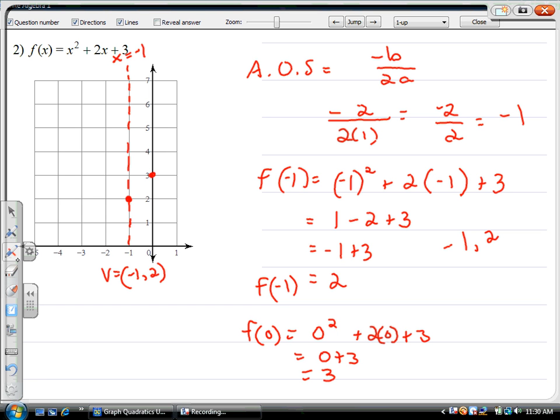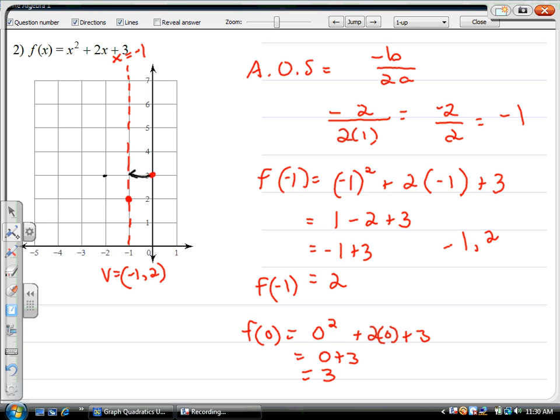Now again, we use what we know about the axis of symmetry to plot yet another point. 3 is exactly 1 unit away from the axis of symmetry. So we know that there should be another point to the left of the axis of symmetry that is 1 unit away on that same horizontal line of y equals 3.